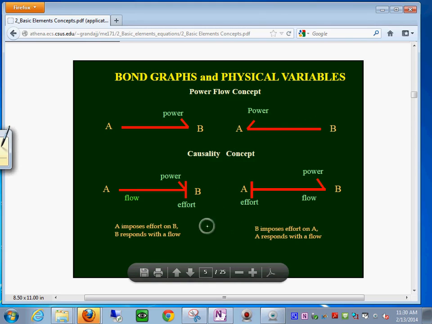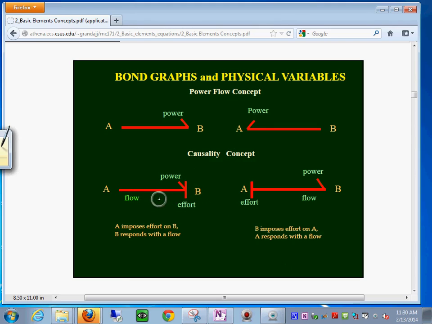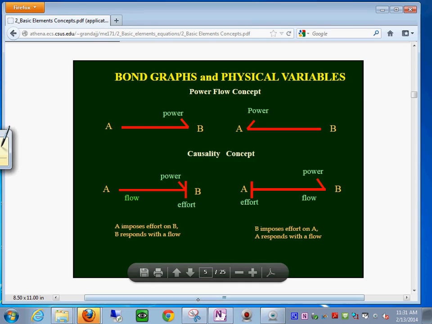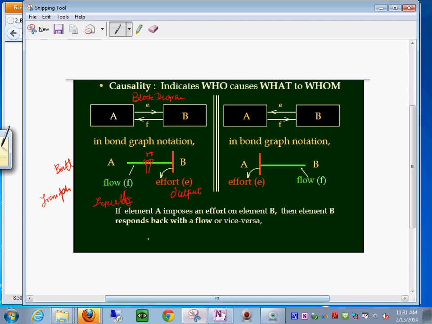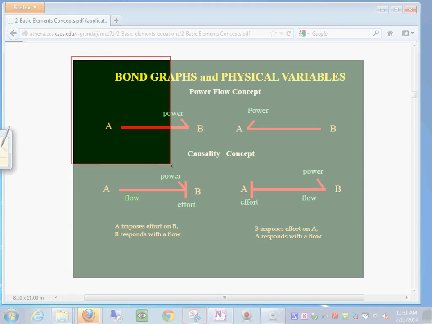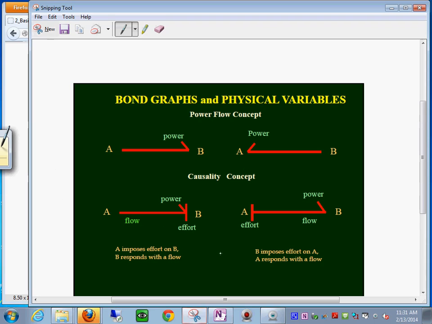This power flow is independent of this symbol, because I told you that this symbol depends on which is the output. In this case, if you look at this, which one is the output in here? Let's see if we can write in here.